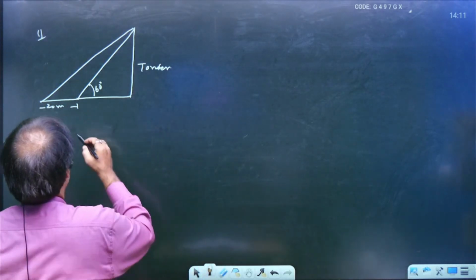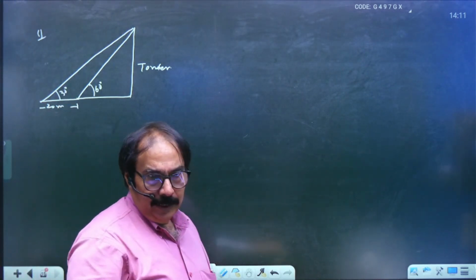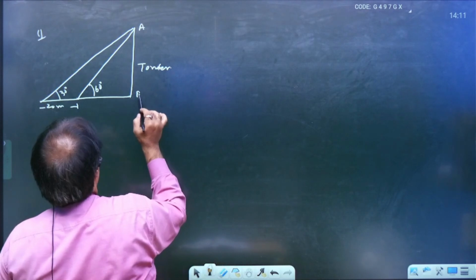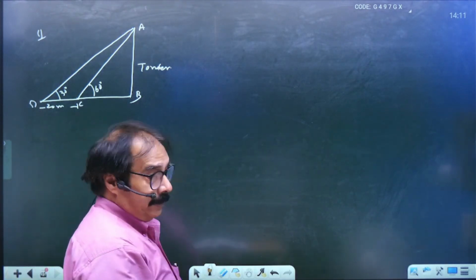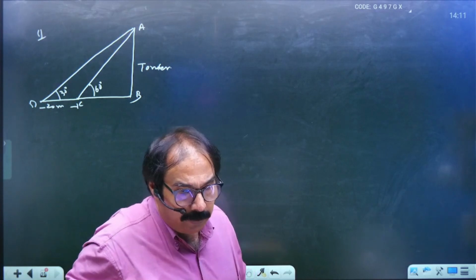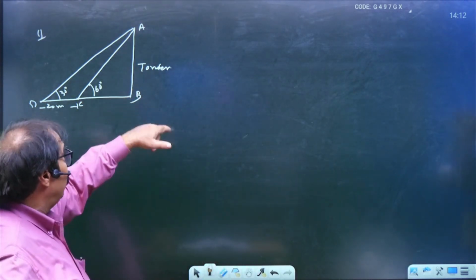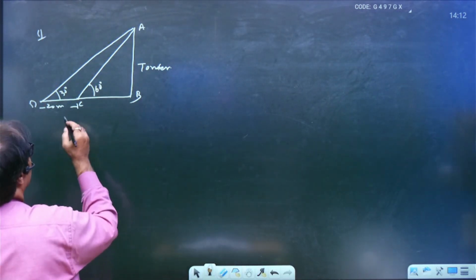becomes 30 degrees. So as per the figure, we will name it A, B, C, and D. We have to find the width of the canal, this is the width of the canal, as well as the height of the tower. So now write about the figure.